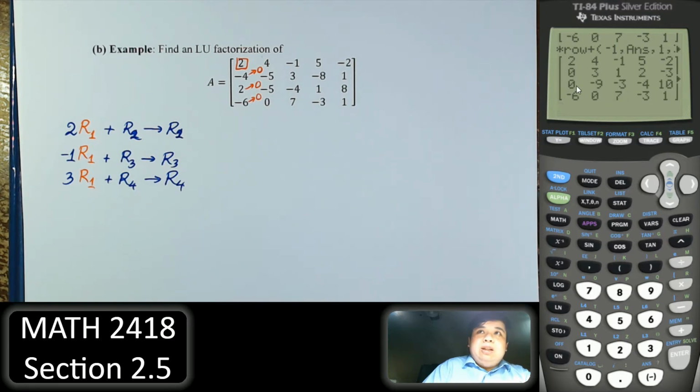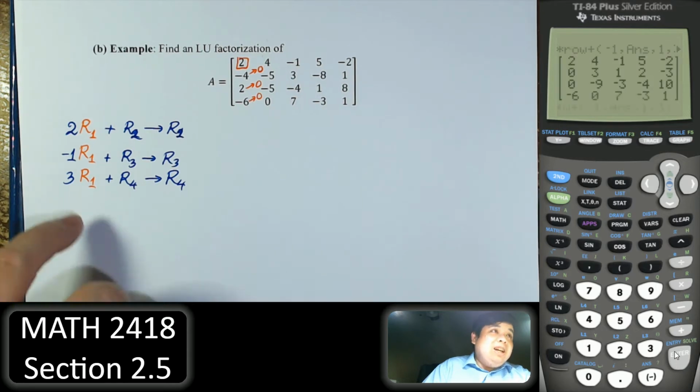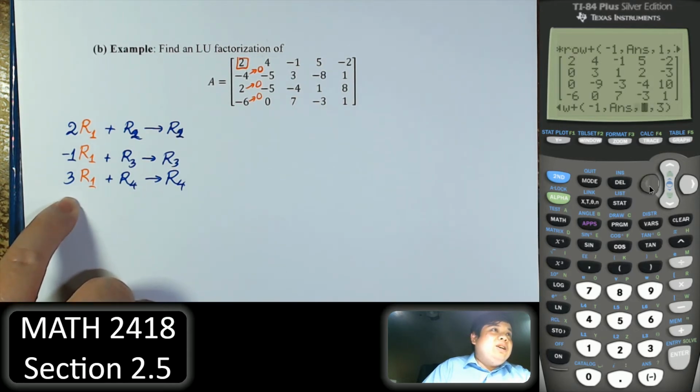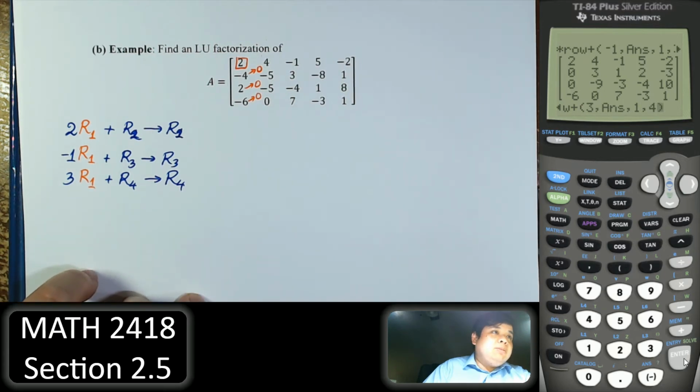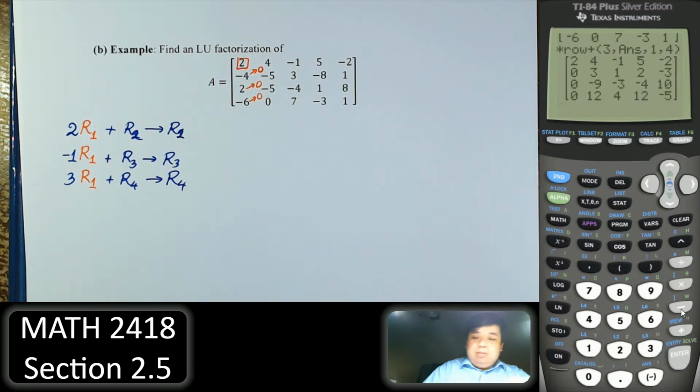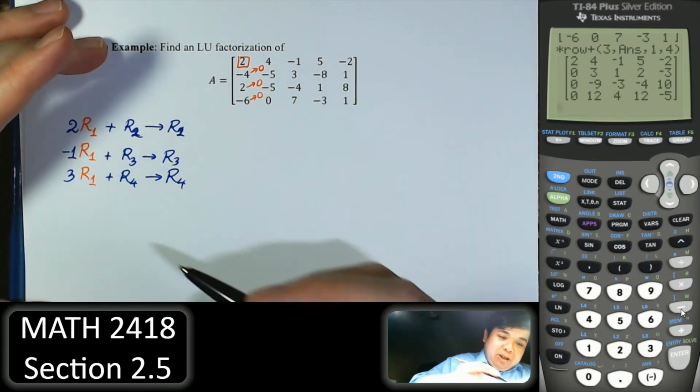Of course that's going to be 0 now. And then again, just copy and paste. Now we just need a 3 here, multiply to row 1, add and replace to row 4. Right, that's the result. I just copy it.